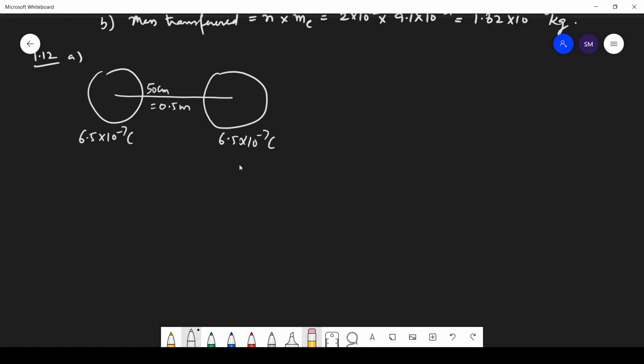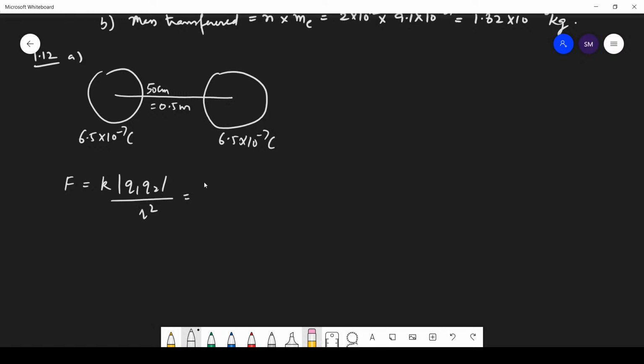So what is the mutual force of electrostatic repulsion? Obviously we have Coulomb's law. Coulomb's law says that force is equal to K Q1 Q2 magnitude divided by R square.